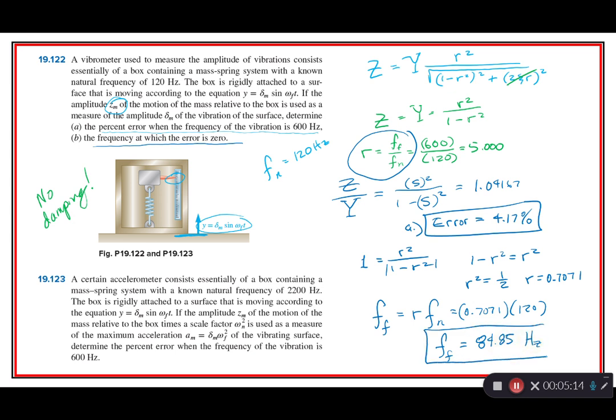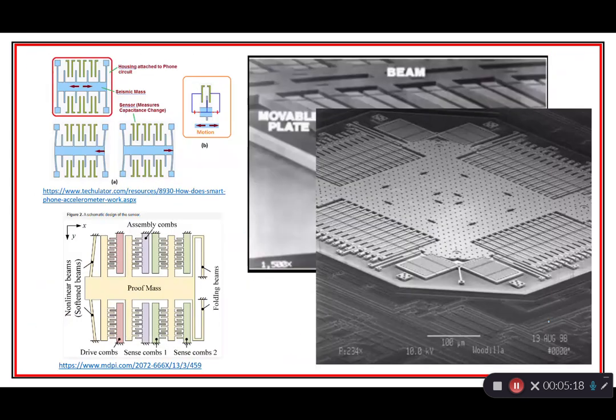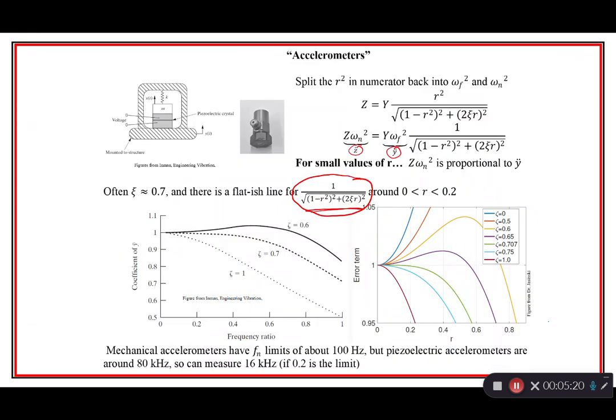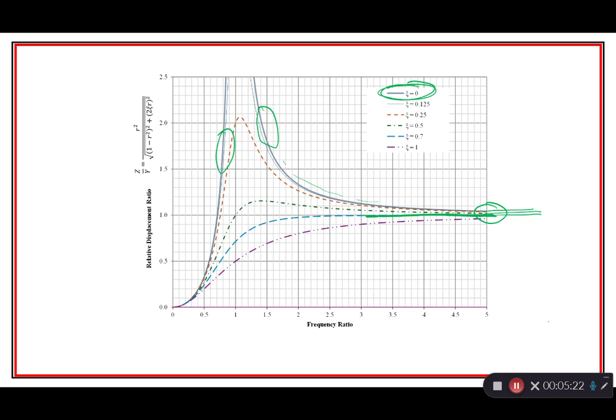And that's basically where this curve up here, that gray line, crosses over 1.